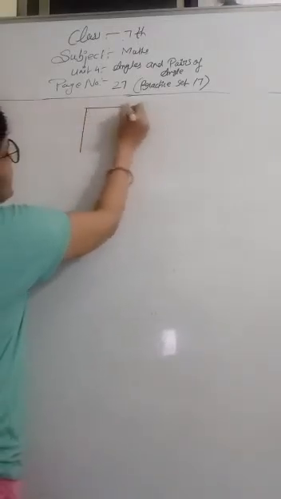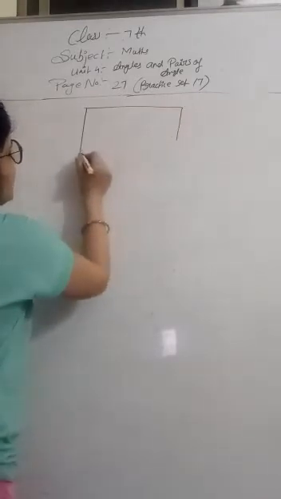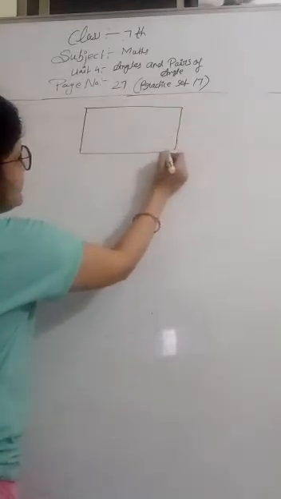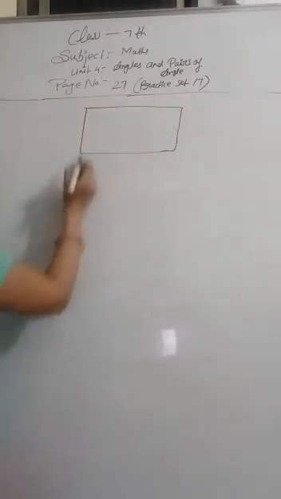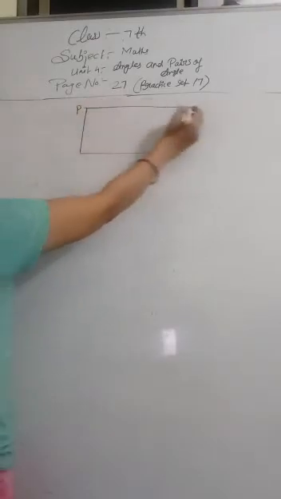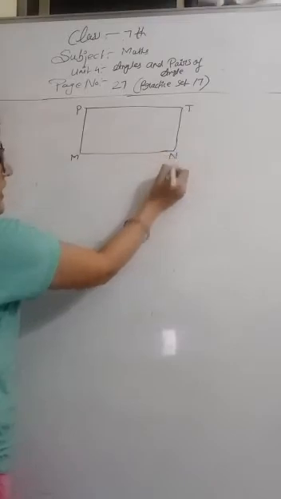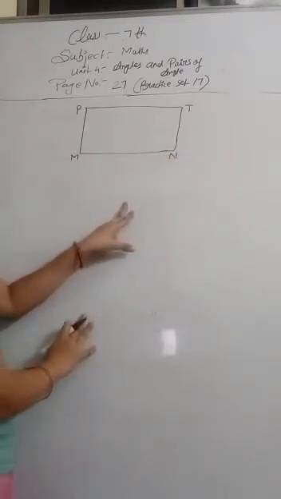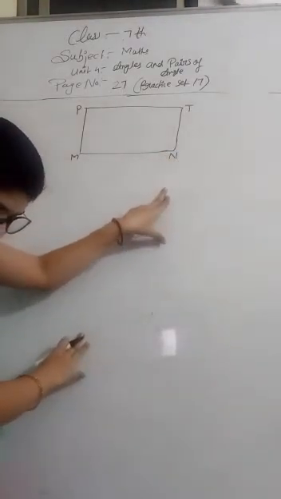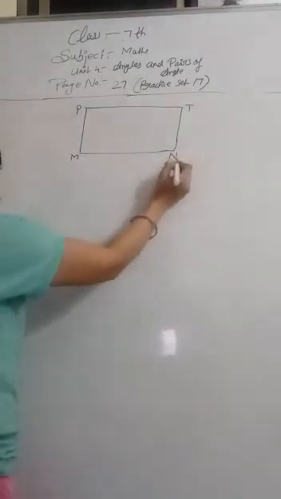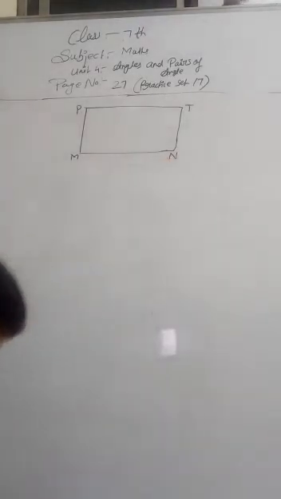So you can see here a rectangle is given. P, T, N and M is its name. Here we have to write the names of the pairs.